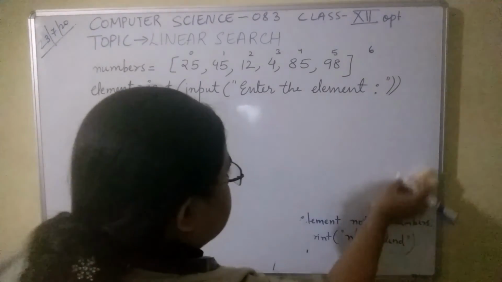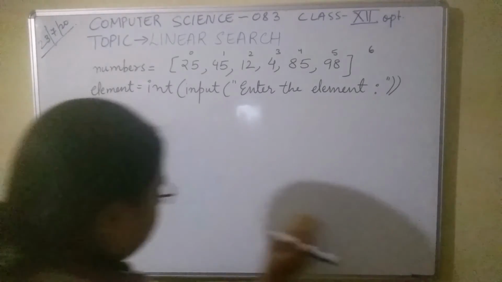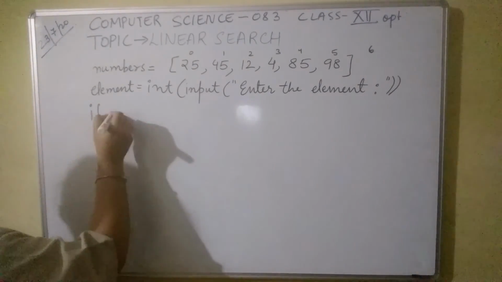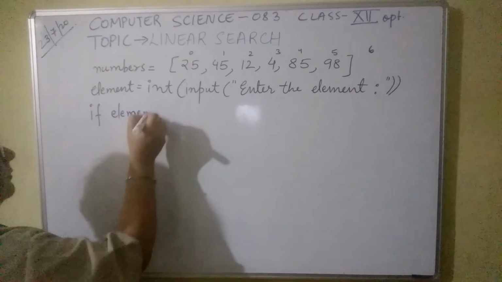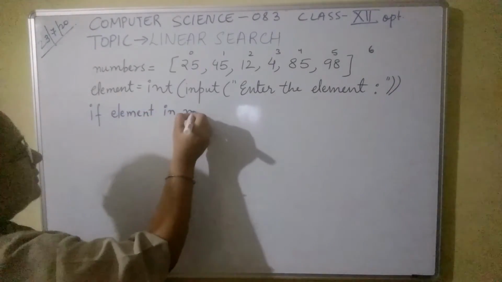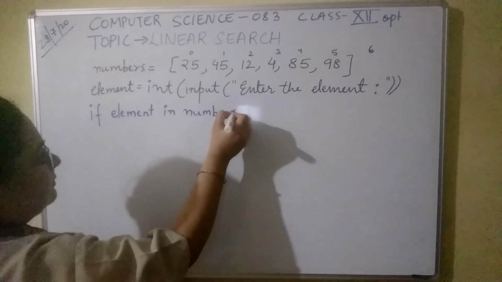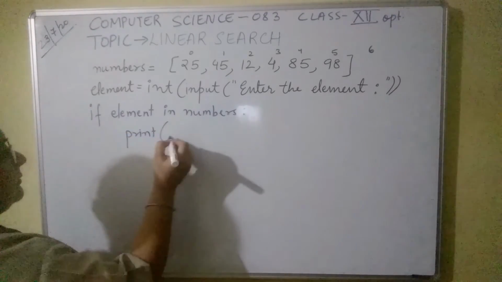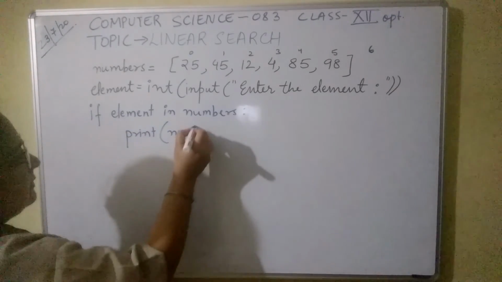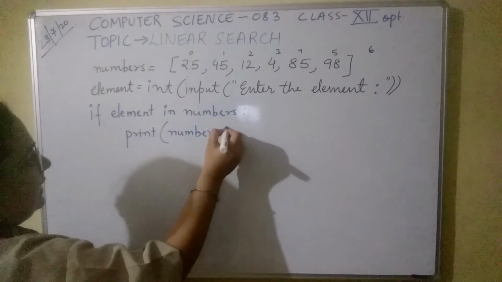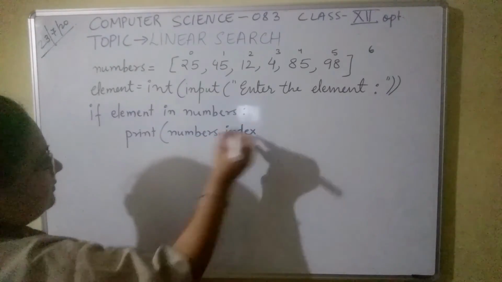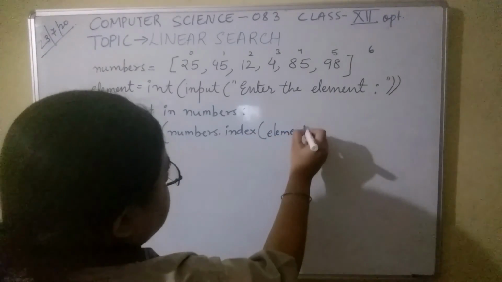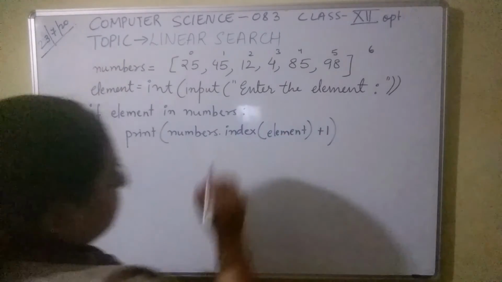I can further reduce the size of the code over here by writing a very simple code. If element in numbers, numbers dot index element plus 1.